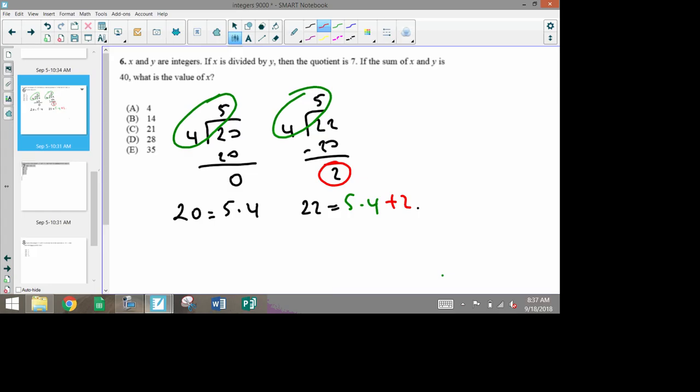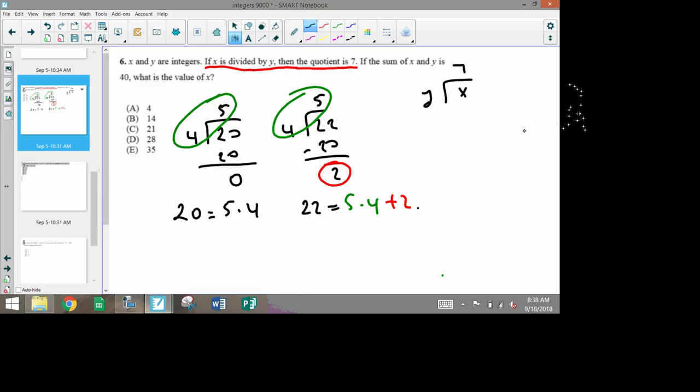All right, that works for every single division. That's satisfied. And the reason I show you that example is our question. x is divided by y, then the quotient is 7. Okay, let me just write it down, whatever he said. x is divided by y, the result is 7.